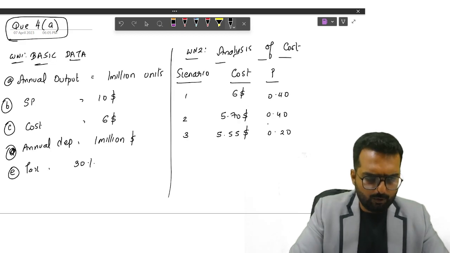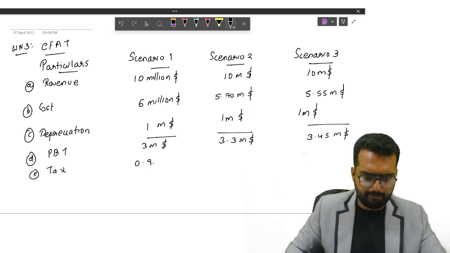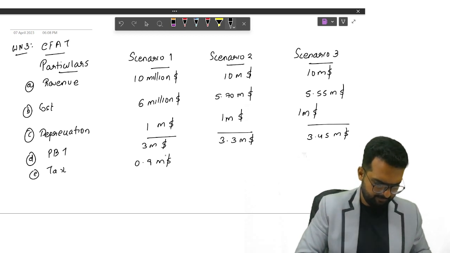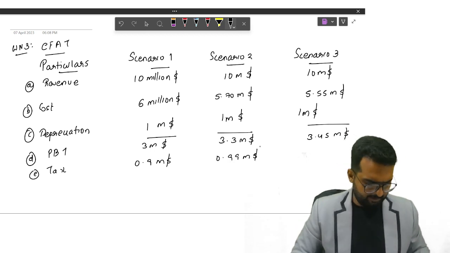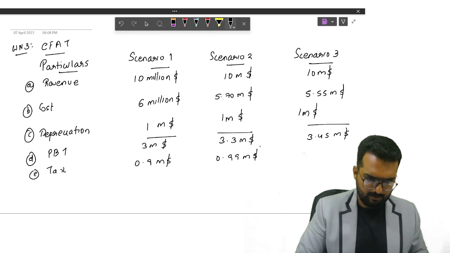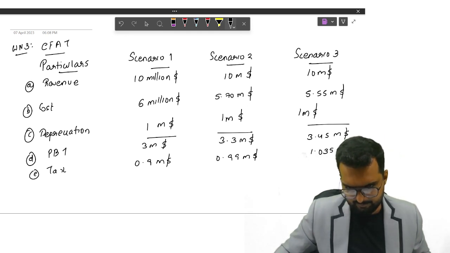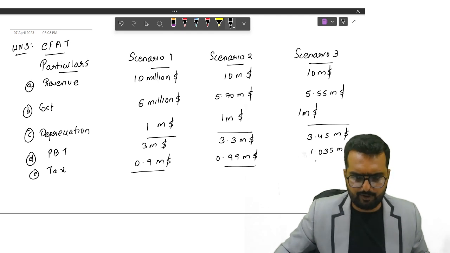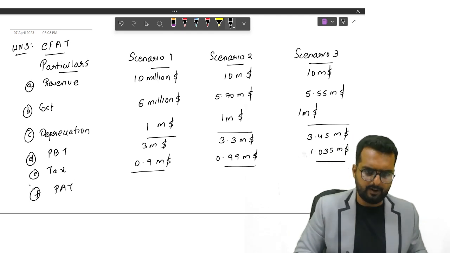What is the tax rate they have told over there? 30%. So tax will be $0.9 million, $0.99 million, $1.035 million. Okay. So based on that, you'll find out profit after tax.